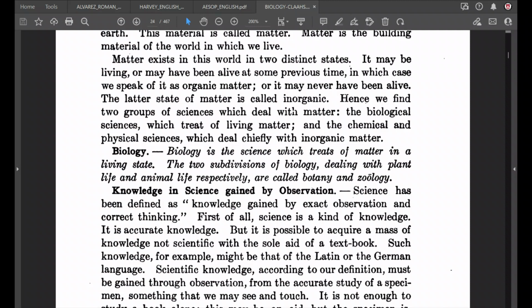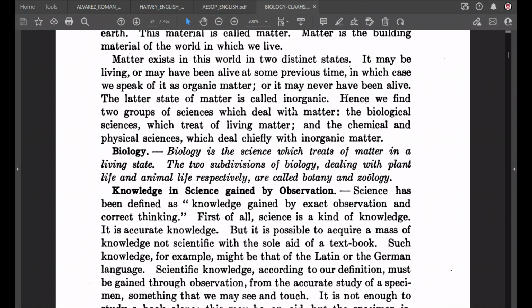It says, biology is the science which treats of matter in a living state. And the two subdivisions of biology are botany and zoology. And we talked about that in our first lesson. Biology is the science which treats of matter in a living state. Living matter. Biology is the study of living matter.